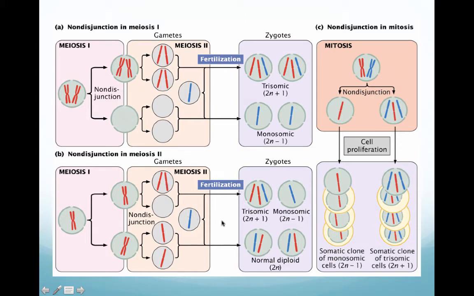As that organism goes through the fertilization process, we end up with 1 cell that has 3 copies of genetic information, 2 from non-disjunction and 1 from the new DNA coming in. Then we get 1 cell with only 1 copy of genetic information, and 2 other cells that are normal and diploid. Non-disjunction can also happen in mitosis as well.